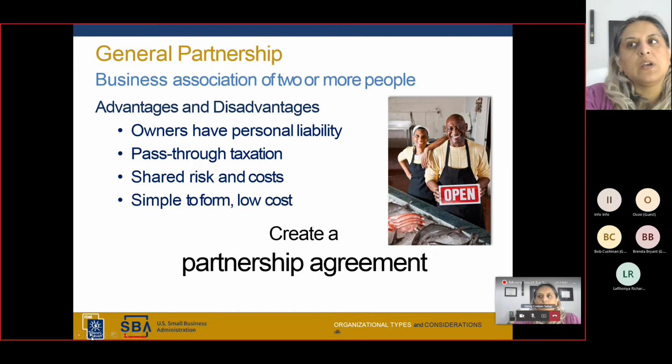Partnership agreements cover topics such as capital contributions, distributions of profits, management duties, bookkeeping, banks, terminations, credit. They don't mention everything in here, so definitely mention credit in your partnership agreement.